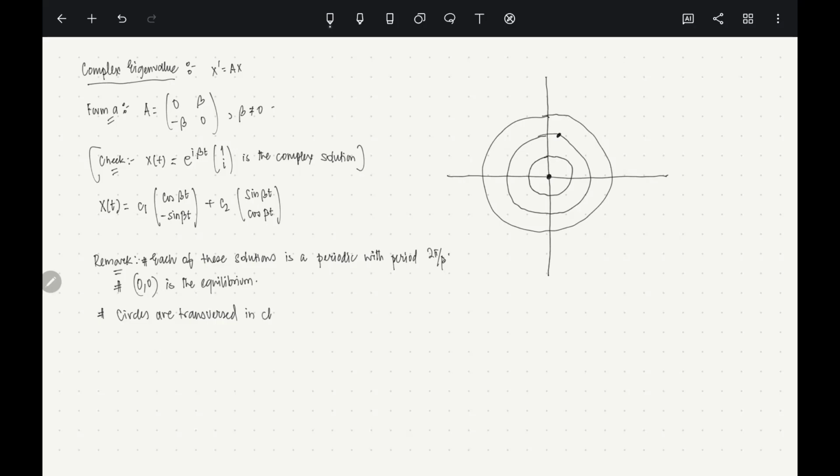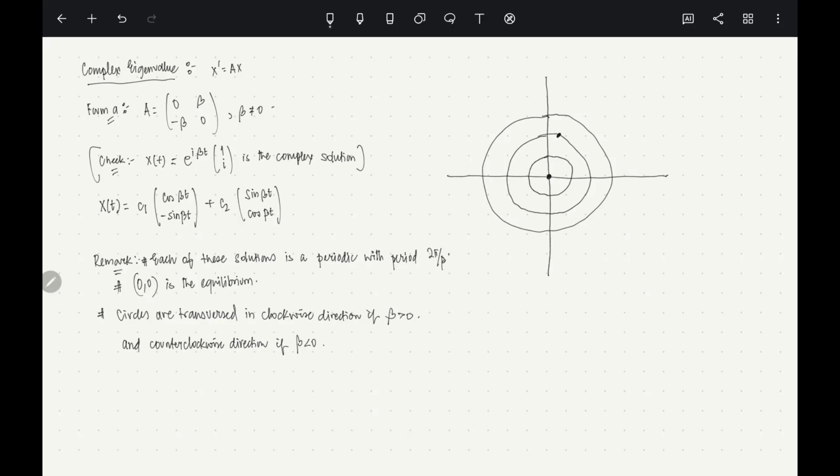In clockwise direction, if beta is positive. I hope this is clear. I will explain to you why this is. Okay, and counterclockwise direction, if beta is negative. Is it okay?